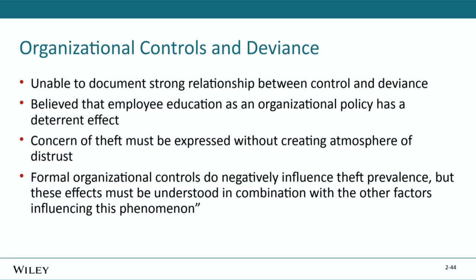So let's talk about organizational controls on that deviance. The researchers were unable to document a strong relationship between control and deviance. They found a lot about job satisfaction and deviance. They believe that employee education as an organizational policy has a deterrent effect.